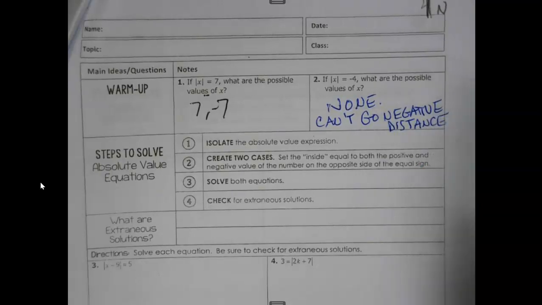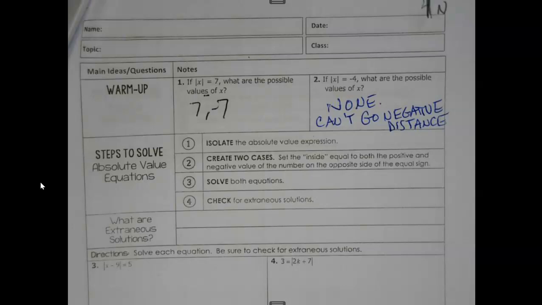So here's why I showed that. If we run into problems where we get our absolute value on a side by itself and the other side is just a negative number, that's not possible. It's going to be no solution. So that might pop up a time or two here, so we've got to be ready.